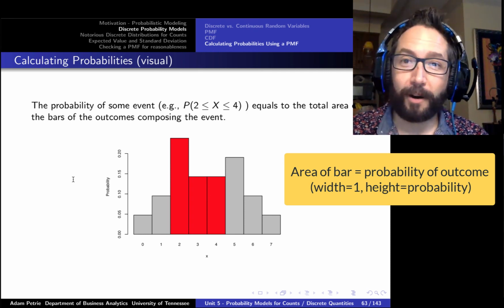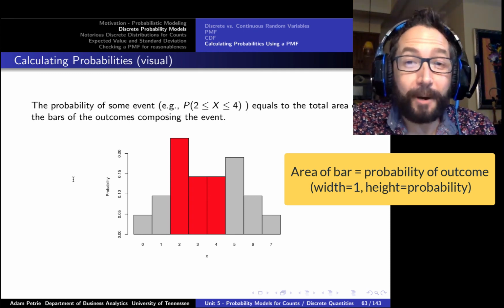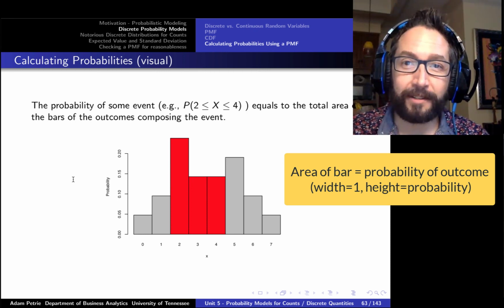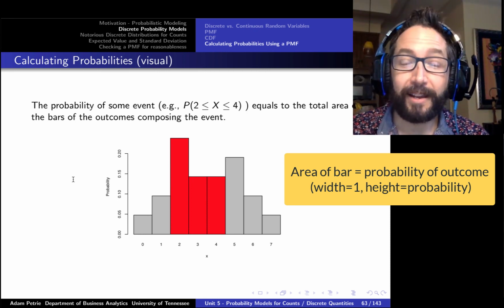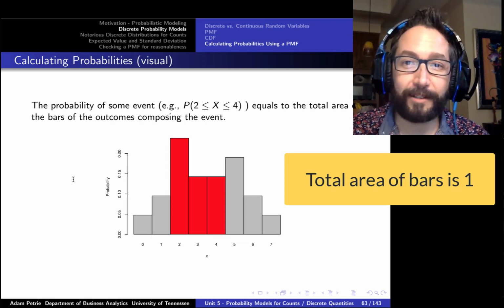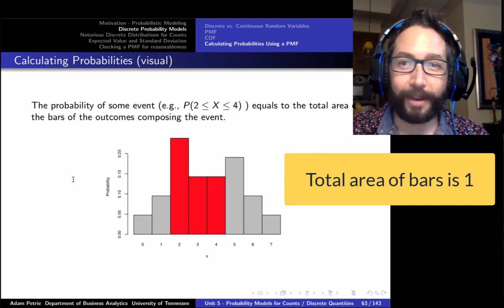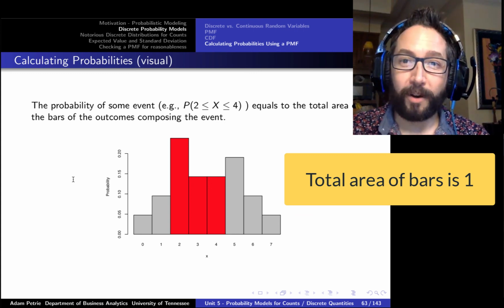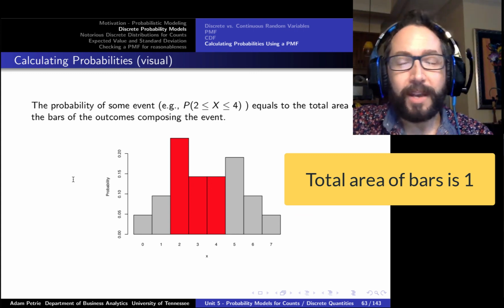The widths of those bars are always equal to 1. The height of the bar goes up to the probability of that event. So the area, width times height, is going to be the probability of that event. And since we know the sum over all possible outcomes equals 1, the total area that's fenced off by that bar chart is going to equal 1 itself. So there's a nice analog.